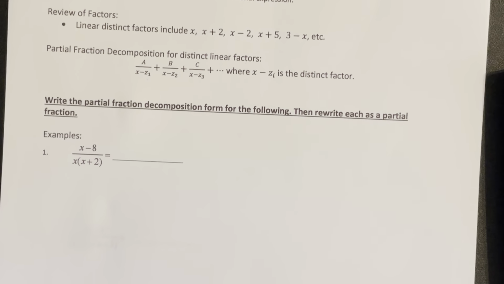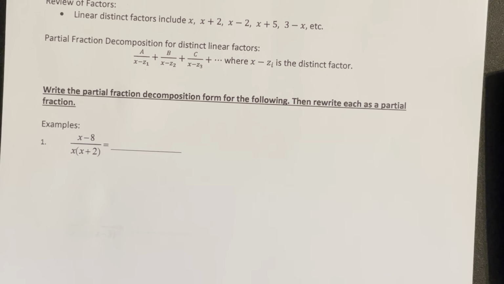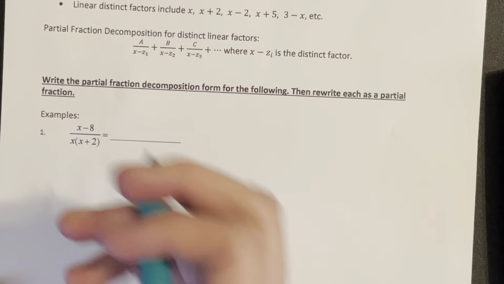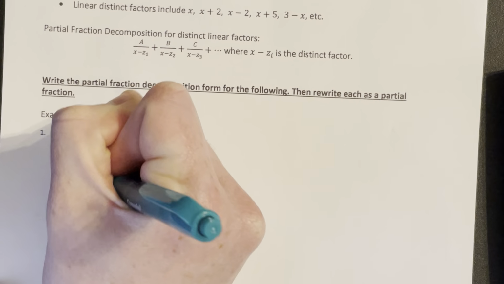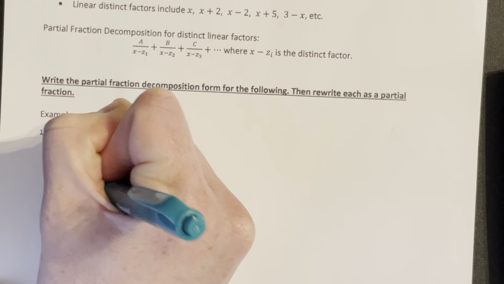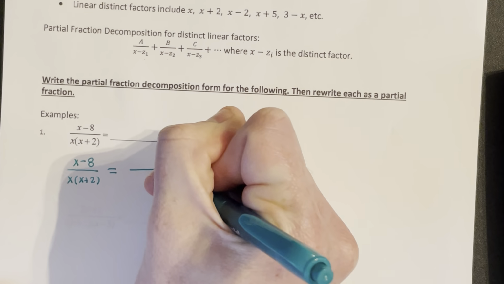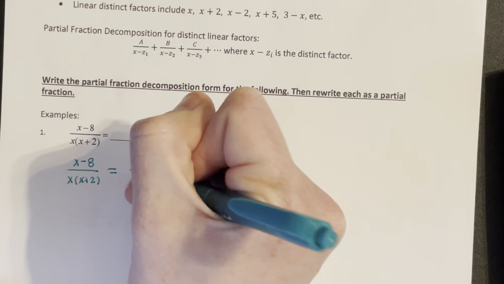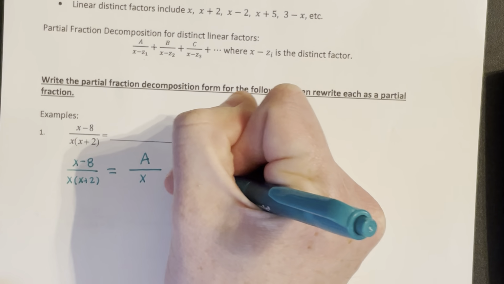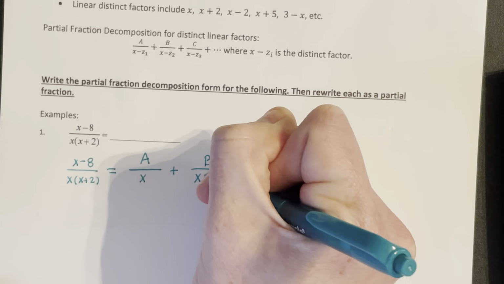Okay, so if I look at this first example, what we want to do is separate this out into an expression. So we want to take this x minus 8 over x times x plus 2 and somehow get a fraction where it is some numerator over x plus some numerator over x plus 2.